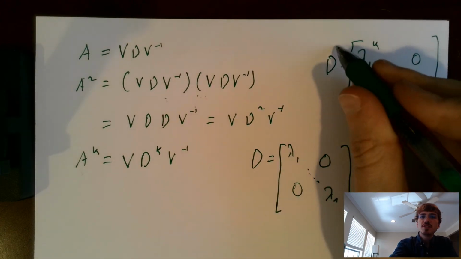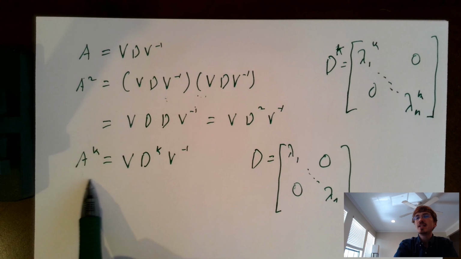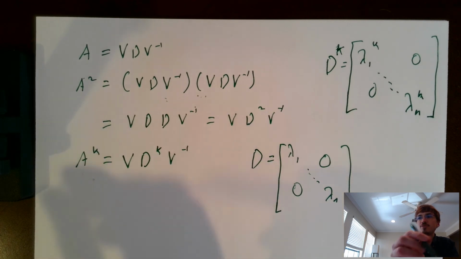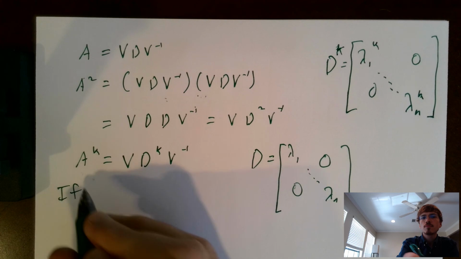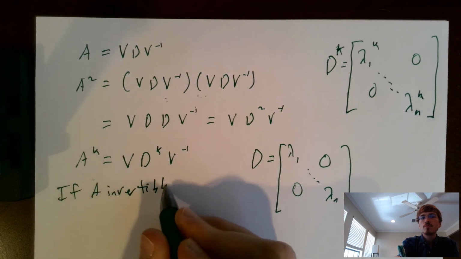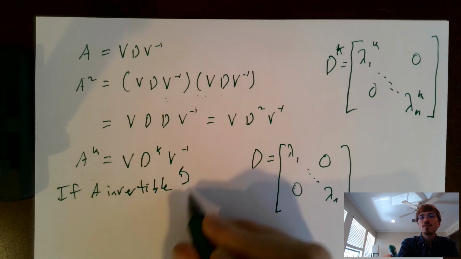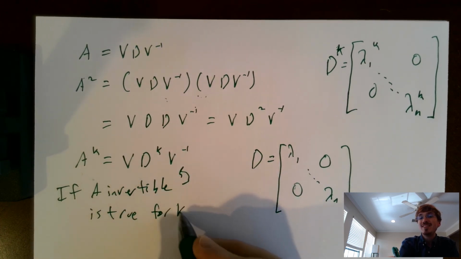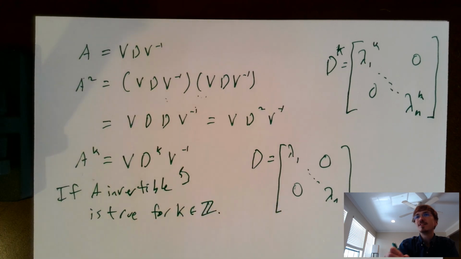So because it's related to these nice diagonal matrices, anytime that we want to exponentiate matrices, this diagonalization is really, really useful. And if A is invertible, then this property is true for any k that's an integer.